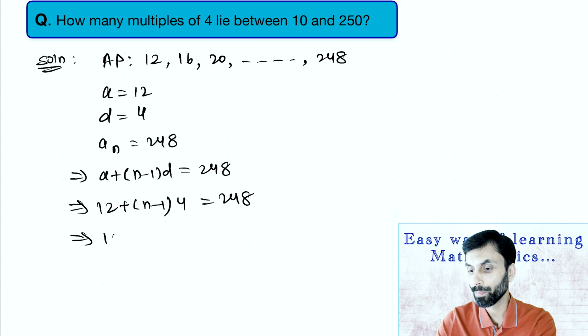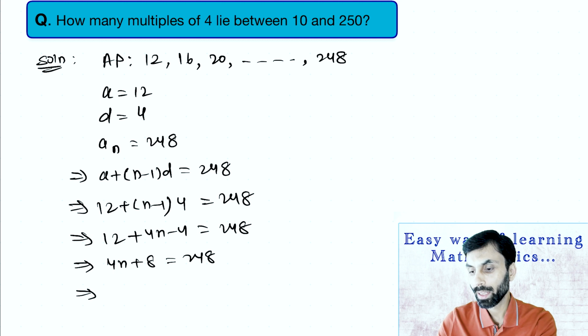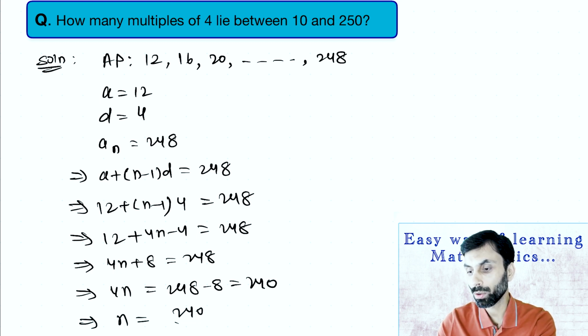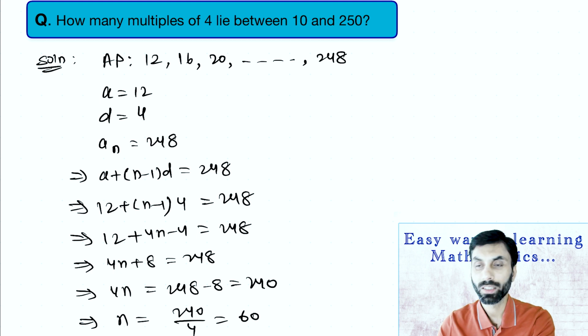Now we'll solve. We'll get 12 plus 4n minus 4 equals 248, which will be 4n plus 8 equals 248. On solving, we'll get 4n equals 248 minus 8, which is 240. And so n will be 240 upon 4, that is 60.